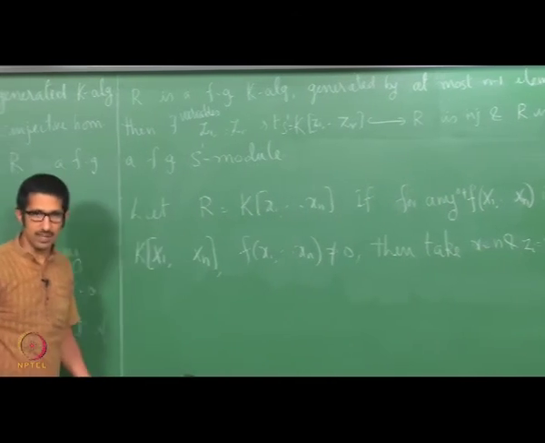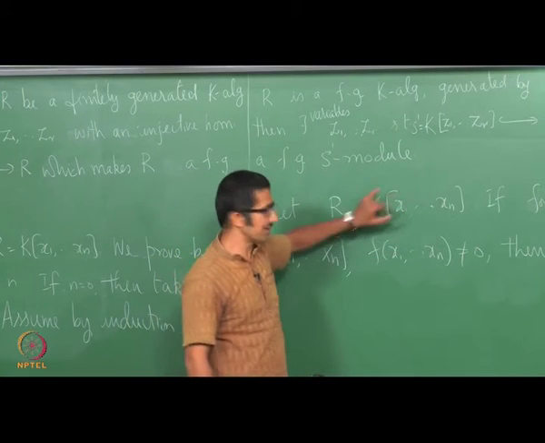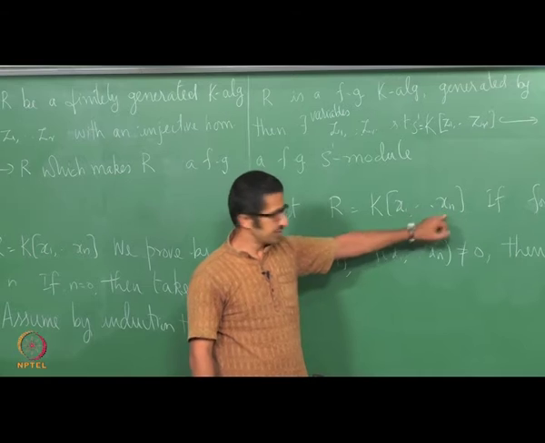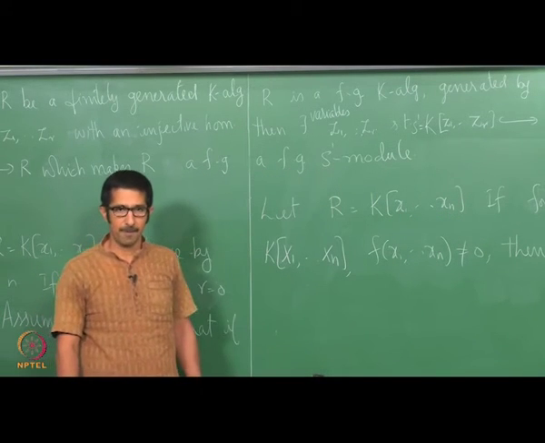We are through. This itself is a polynomial ring. There are no polynomial relations among x1 up to xn, which means this itself is a polynomial ring. They are all algebraically independent.